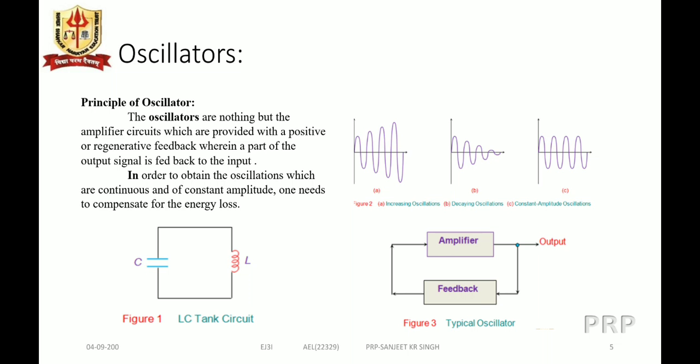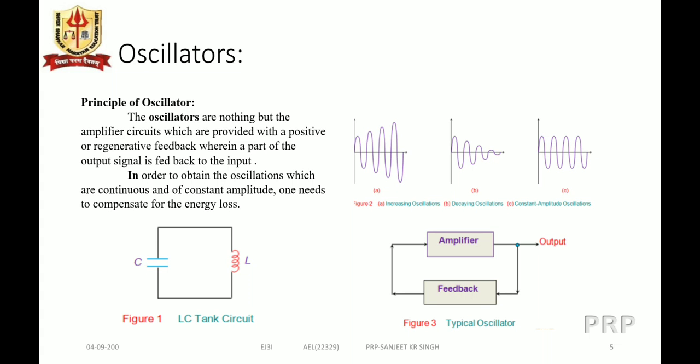Now this sine wave will decay slowly unless we provide for the losses that take place in the charging and discharging of the components L and C of the tank circuit. So this external power has to be supplied to compensate for the energy loss, otherwise it will decay after it has dissipated the energy.